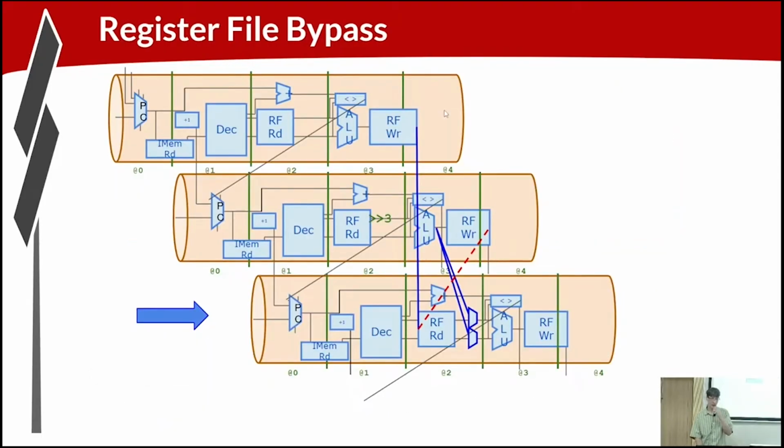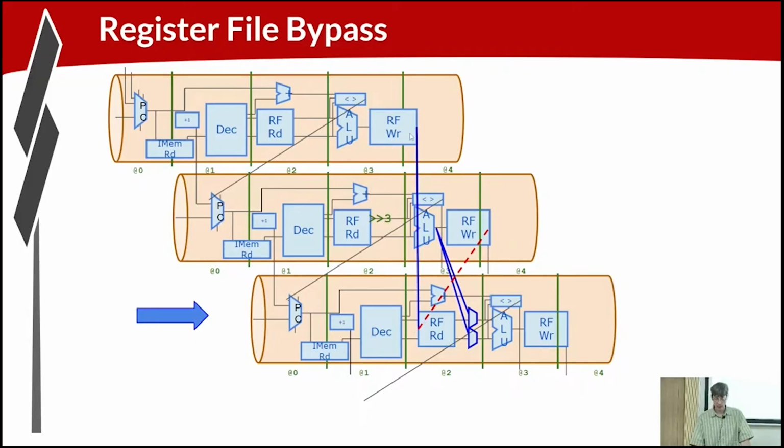So how should we address these hazards so that we can execute instructions back to back? Let's first look at the red line here. We're dealing with the register file bypass first, or register forwarding. The register file is producing a result at the beginning of stage 4 for the instruction 2 cycles behind.